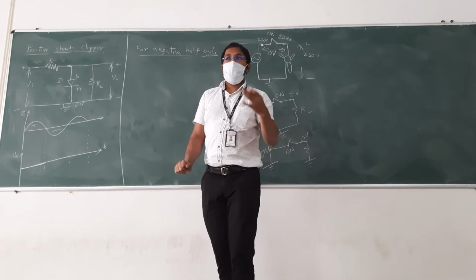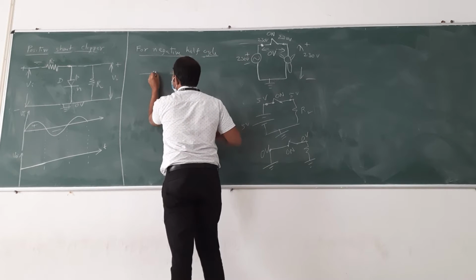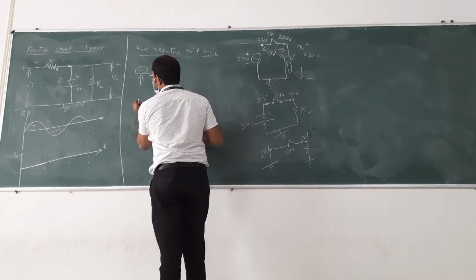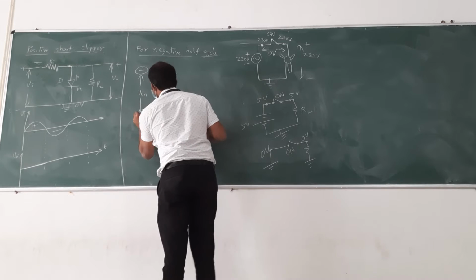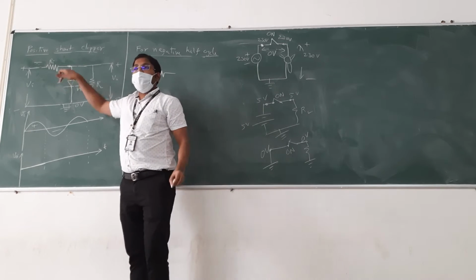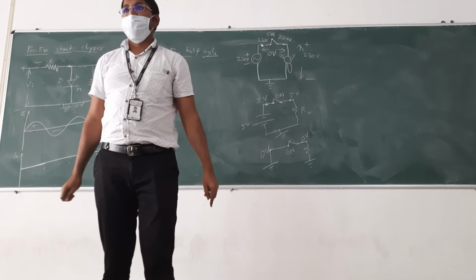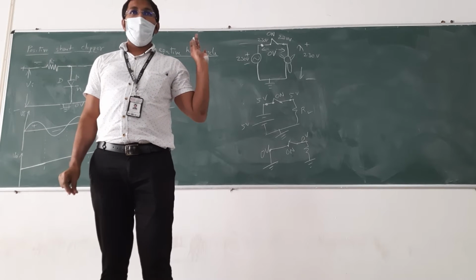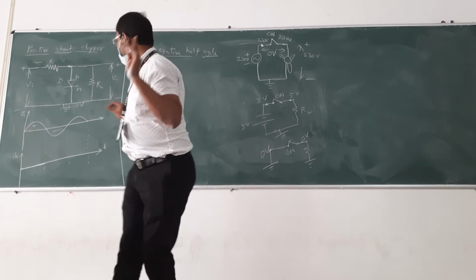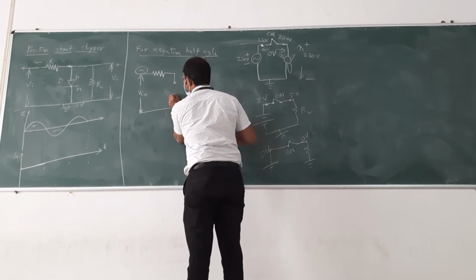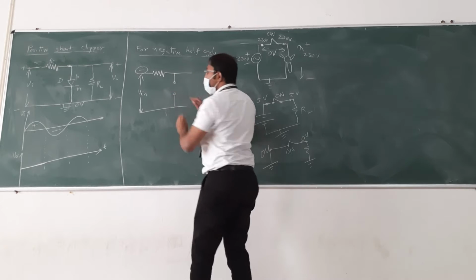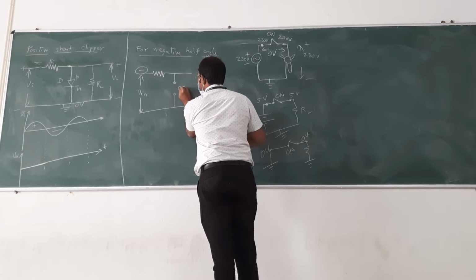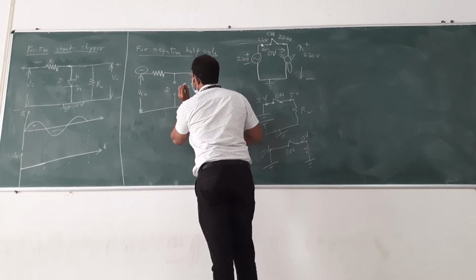We are having the negative half cycle. Diode reverse biased means what? Switch on or switch off? Reverse bias means off. Off means no connection. So no connection. Diode D is off.